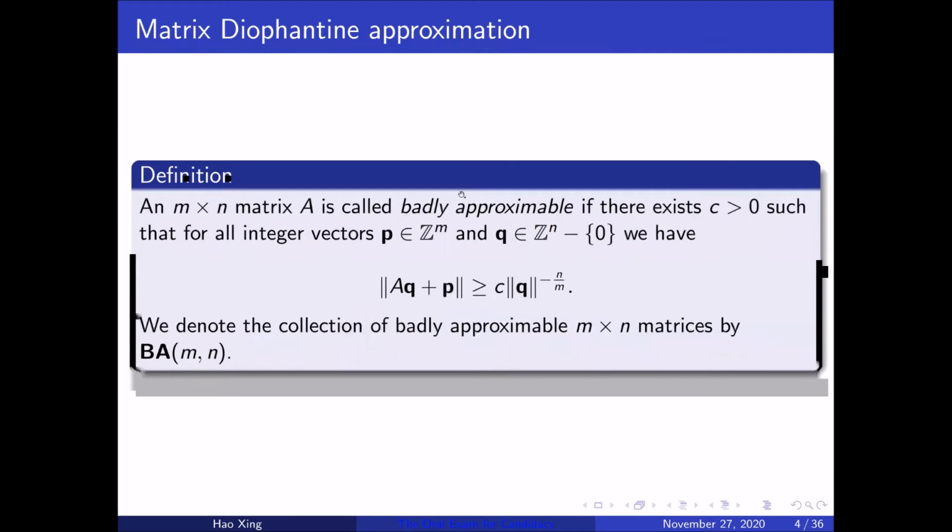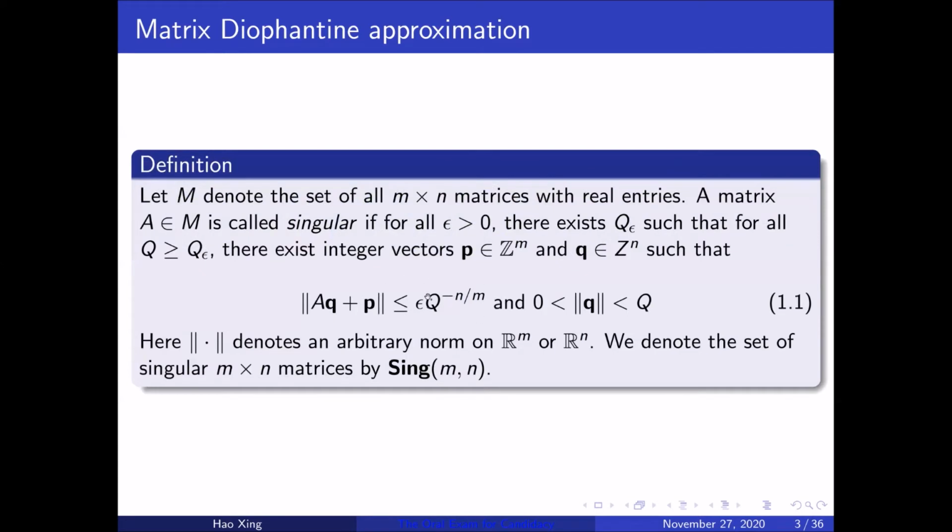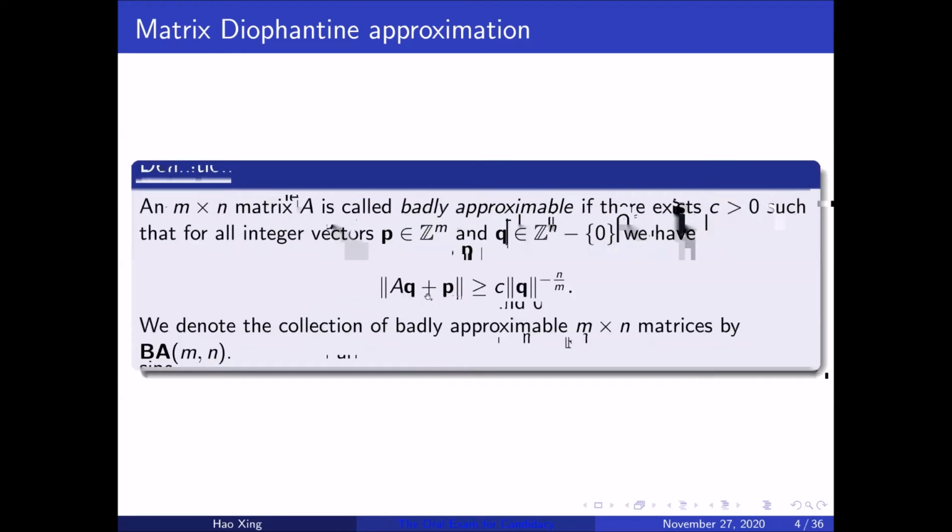The second notion is called the badly approximable matrix. The singular matrix is something that we have a good approximation for, namely the norm is bounded from above by some small number. And the matrix that is badly approximable is the one in which the norm of Aq plus p is bounded below by some number.